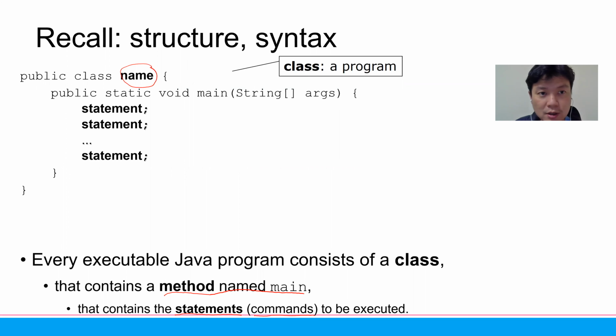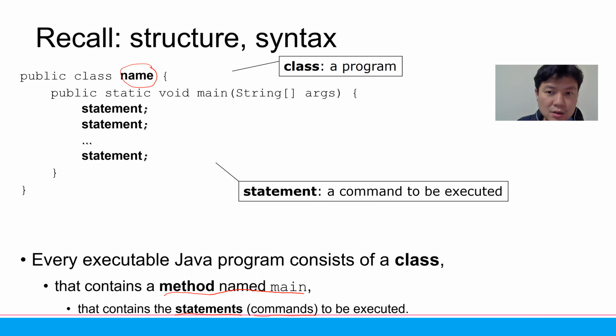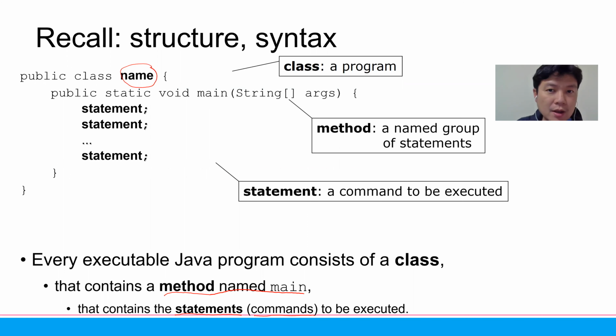So in one method, there can be many lines of statements. A statement is a command to be executed, okay? And the method is a named group of statements. We will deal with methods in a later chapter, but now let's just focus on one method, which is the main method.